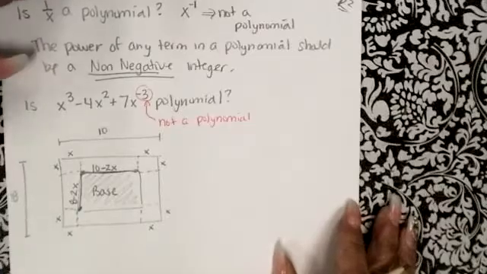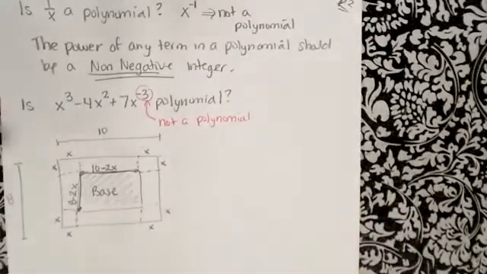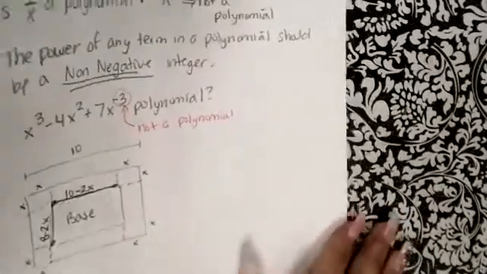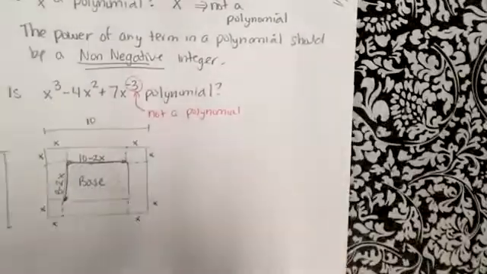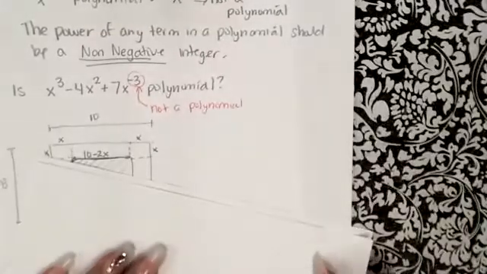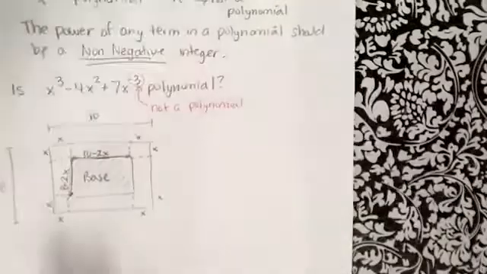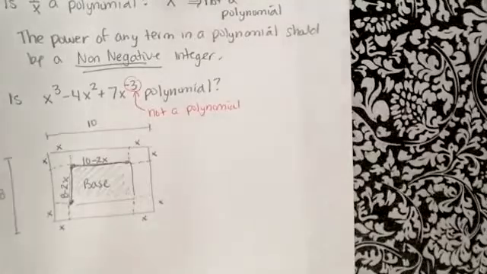So basically what I'm doing here is, let me get a sheet of paper. This is the open box problem. Let me show you what I'm talking about. So if this is our box, this is 10, this is 8.